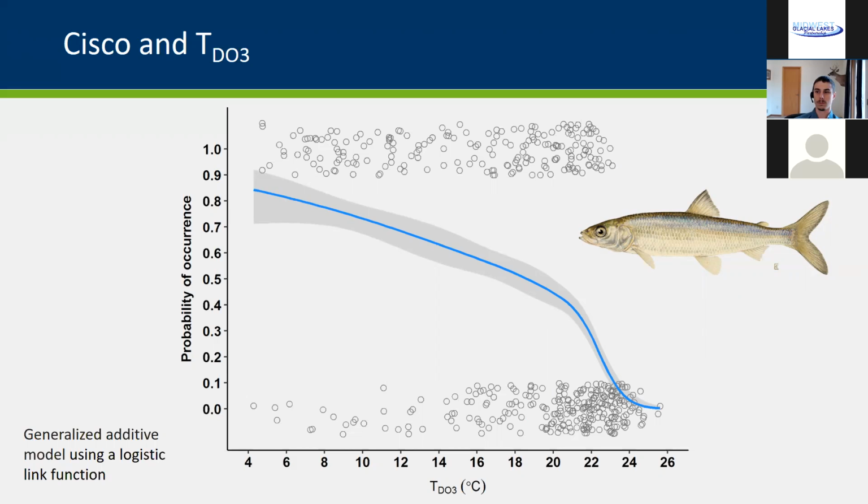What you can see here matches some of the plots that Derek was showing, the work by Pete Jacobson. This species is going to decline along that gradient of TDO3, and in particular, with this updated data, it really looks like when you get above about 21 degrees Celsius TDO3, those populations really drop out, or the likelihood that a lake is going to support Cisco really drops off.